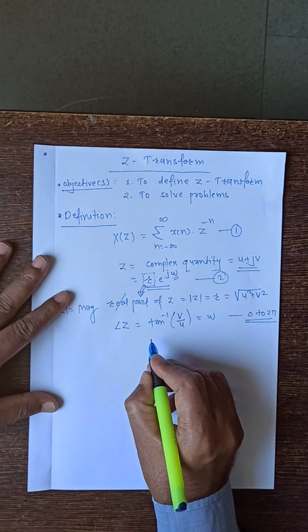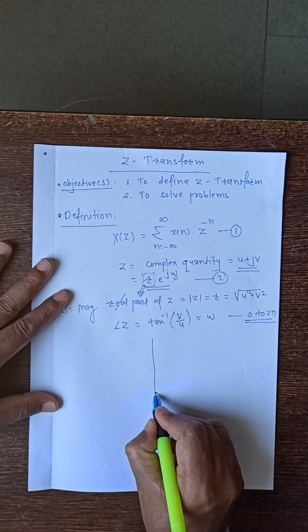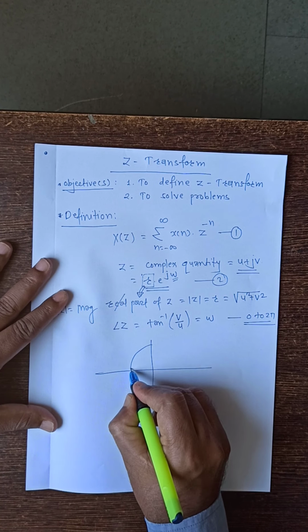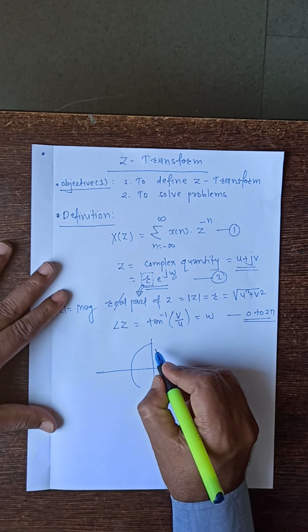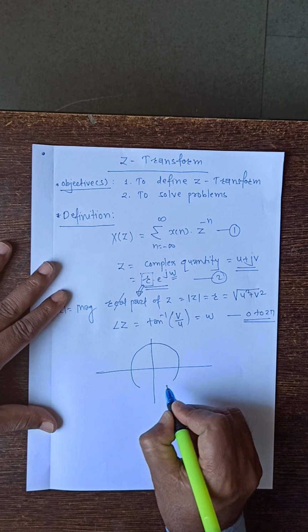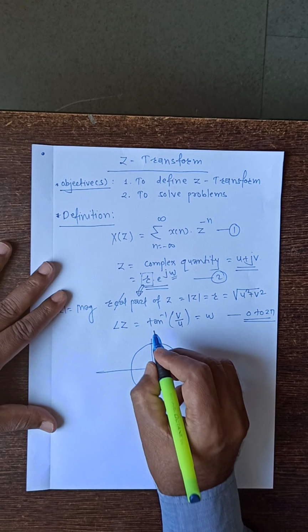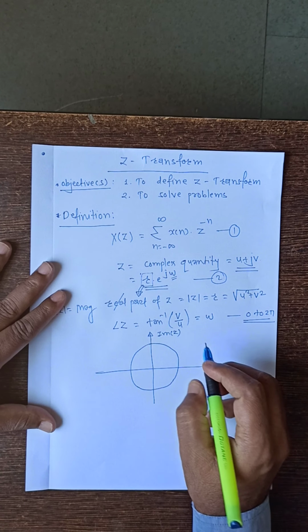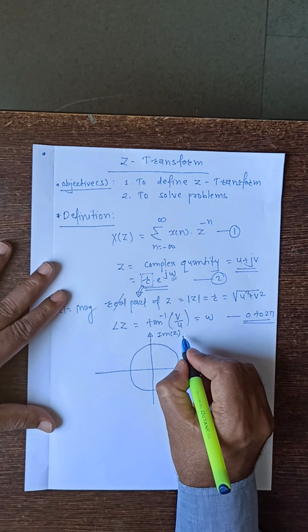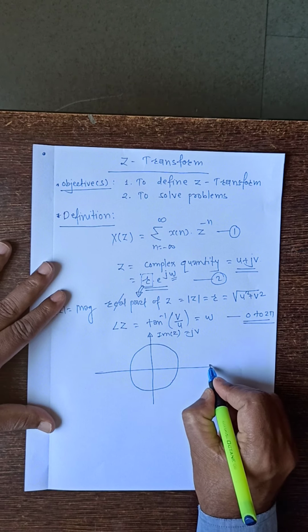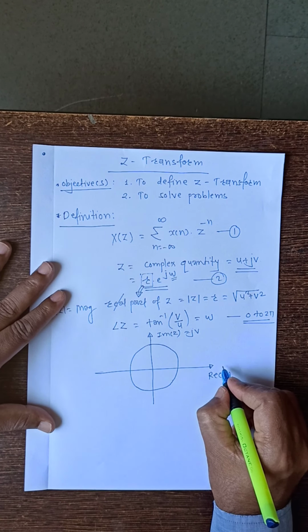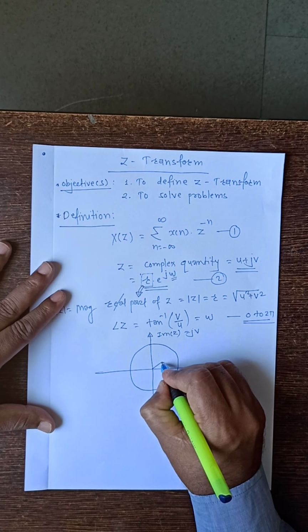So if you try to represent the z plane, it will be a circle like this, wherein this is the imaginary part of z, in this case jv, and this is the real part of z, here u, and this is radius r.